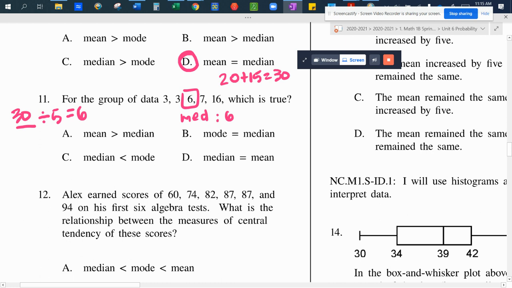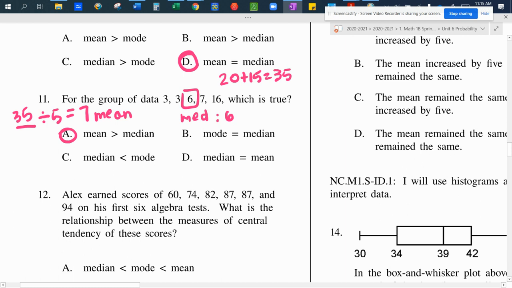So is my mean going to be 6? That's supposed to be 5. What's 35 divided by 5? So what's my answer? A, B, C, D. A. Do you guys feel confident in your ability to do that without a calculator?